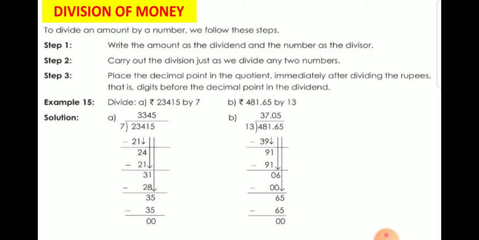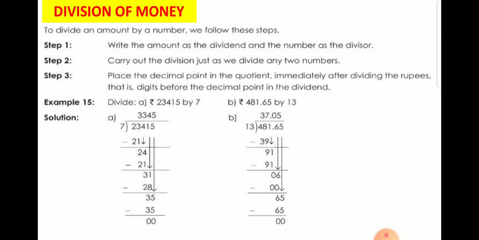Now we will bring down the next digit, that is 1, below. Now we will take again such a multiple of 13 which should be either equal to 91 or less than 91. So yes, we know 13 7s are 91, and so it will give 0.